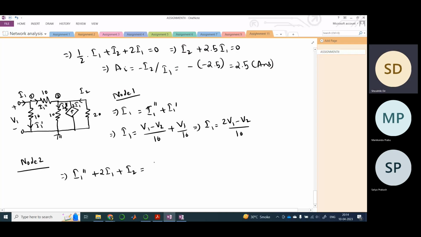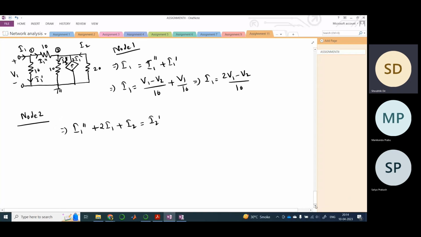is equal to I2 dashed, right? Because all of these currents are coming into node 2. So incoming current is equal to outgoing current. Now V1 minus V2 by 10 plus 2I1, let it be as it is. Now what is I2? I2 is minus V2 by 20, because the current is flowing in this loop, right?